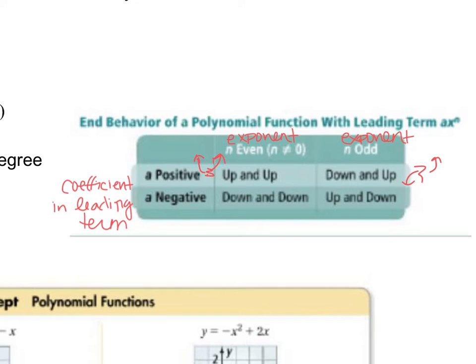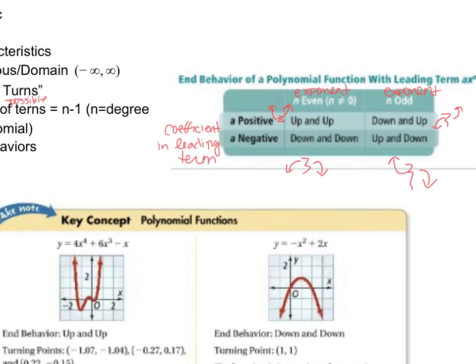If it's an even exponent and the coefficient is negative, it starts down and it continues to end down. And if the leading coefficient is negative and the exponent is odd, it starts up and finishes down. So this is just something I would definitely have handy. It will help you a lot on the rest of these notes and for your homework.